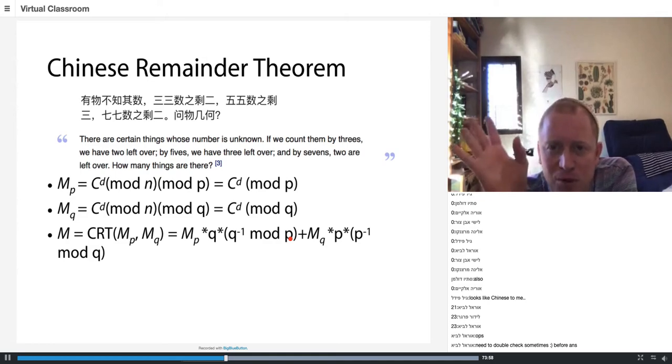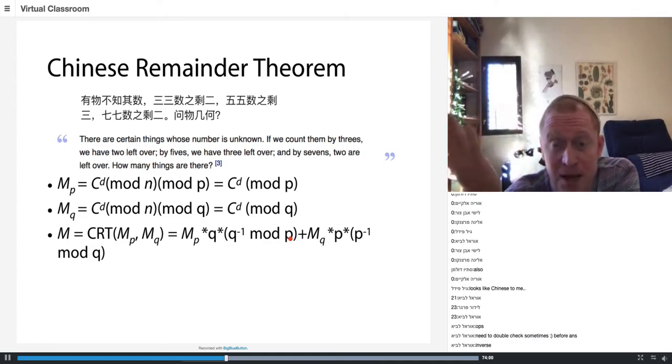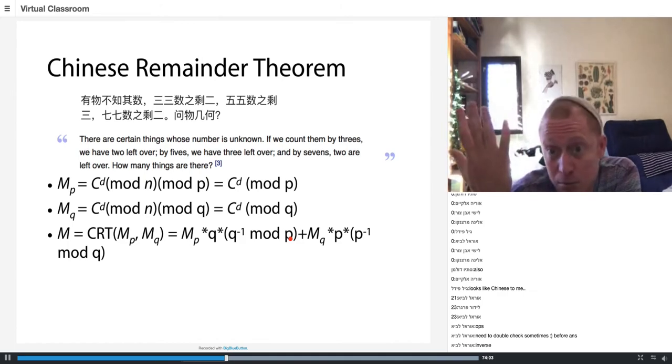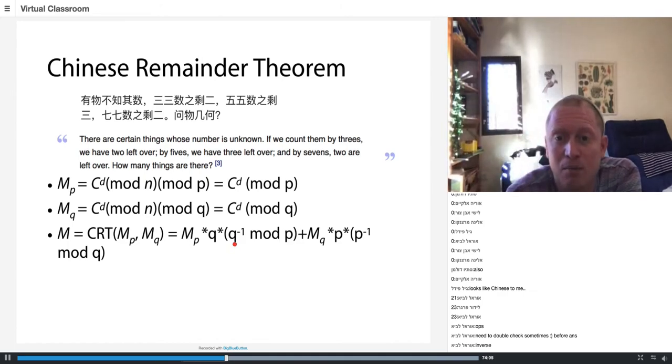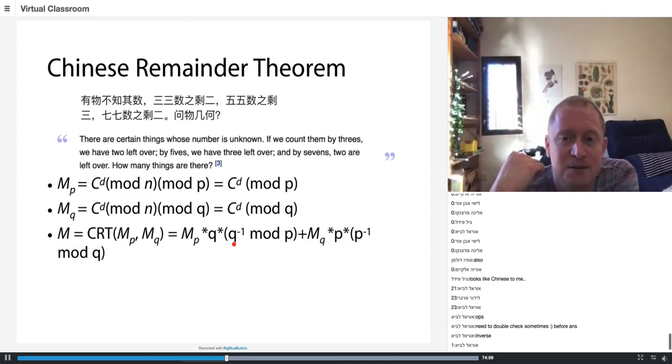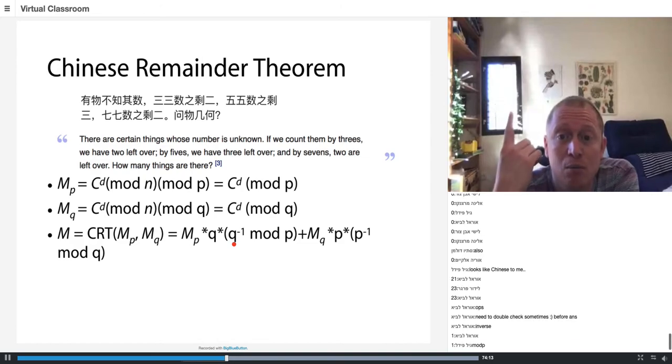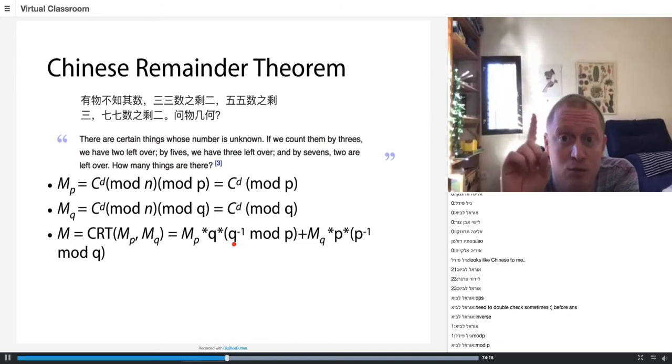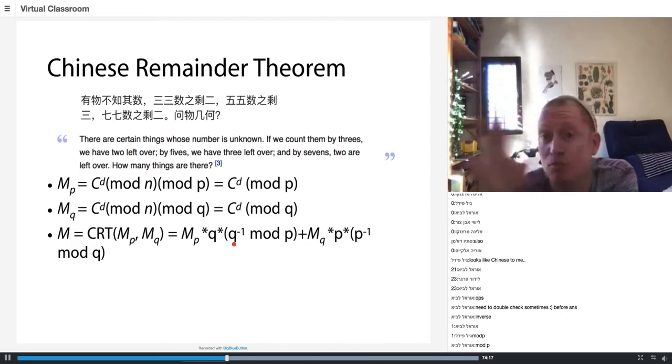This is a special number which exists by the definition of the prime group. If I multiply q minus 1 by q, what do I get? 1, but only if I do it modulo p. Yeah, I get 1 modulo p. It doesn't work modulo n, for example.